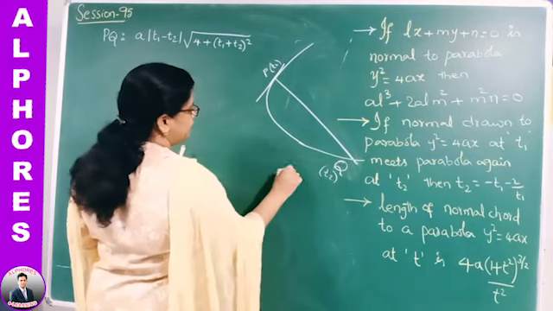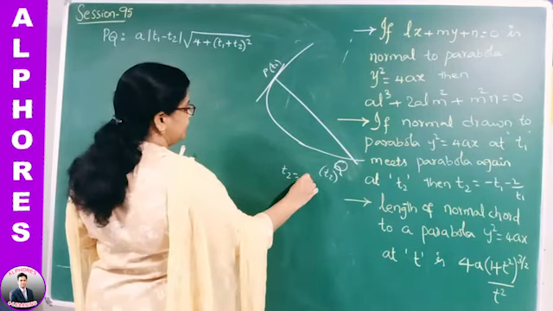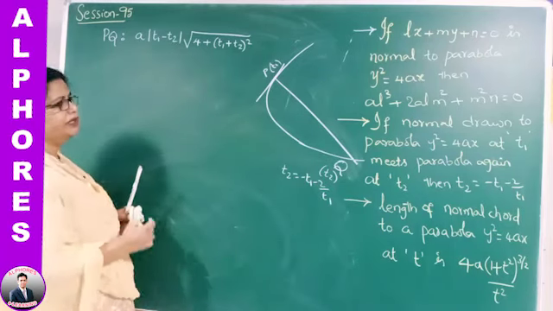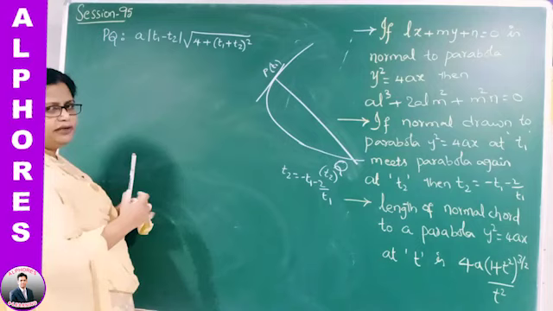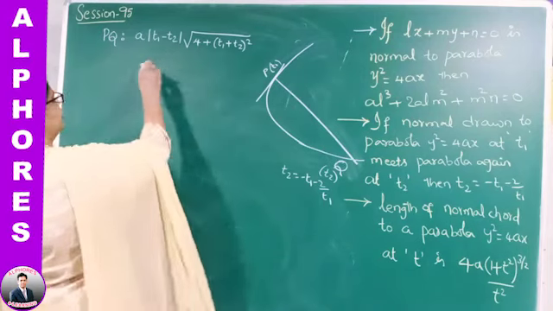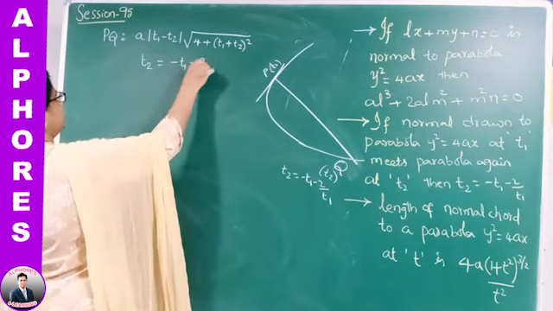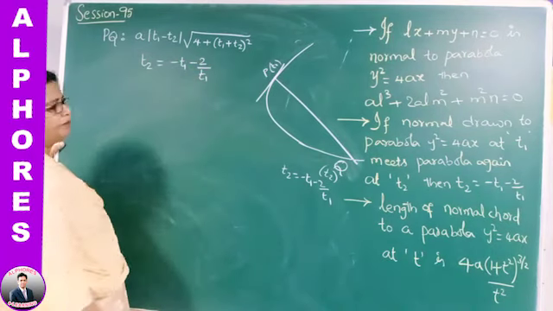So what is our formula students? t2 is minus t1 minus 2 by t1, that is our formula. And now here I want to substitute this relation, as we have t2 is minus t1 minus 2 divided by t1, okay.